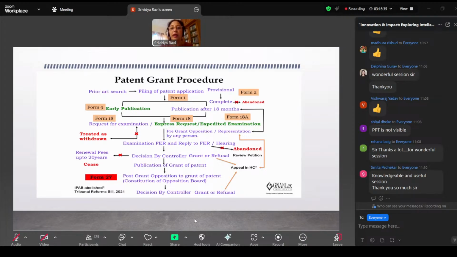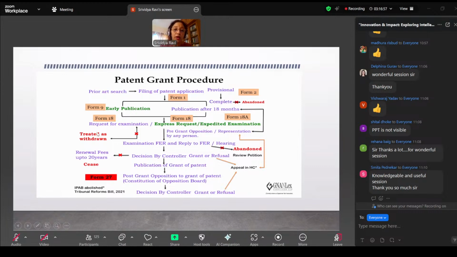Somebody who will file a representation at the patent office and say that your patent should not be granted for XYZ reasons, which is also within the purview of the patent. So that is possible. That is a process of ensuring that only valid patents are granted by the patent office.